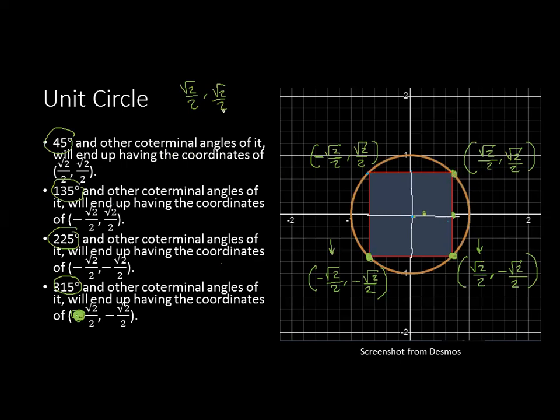So I think you get my point here. Once again, if you have such angles, expect that numerically speaking, you will have this as your coordinates, but the signs may differ. So that is all, guys.